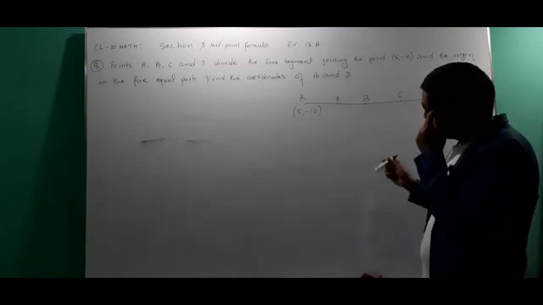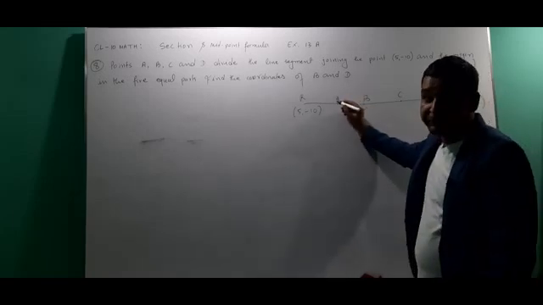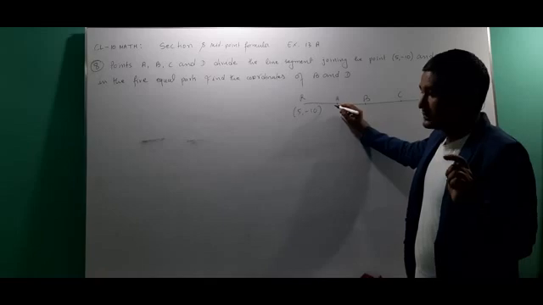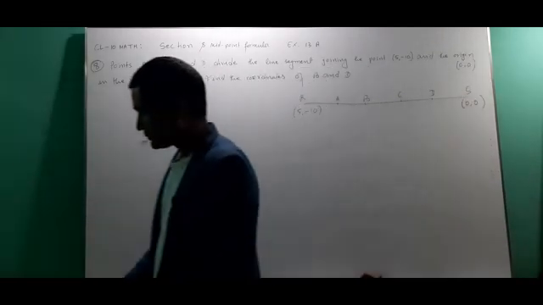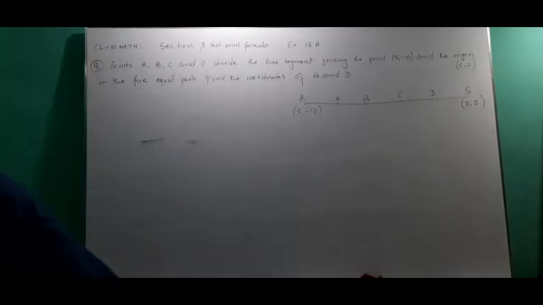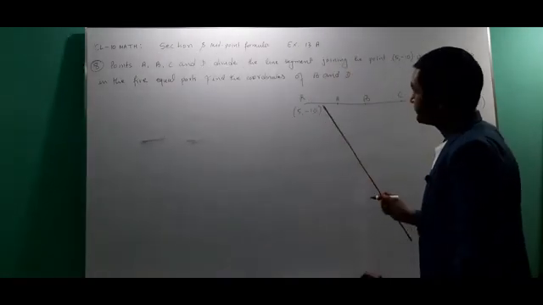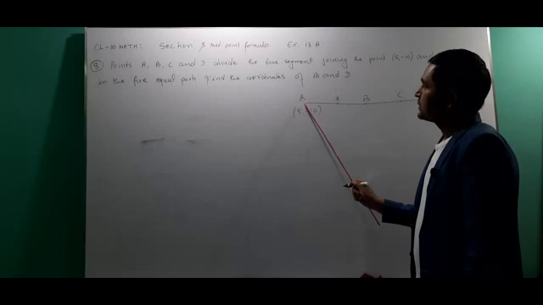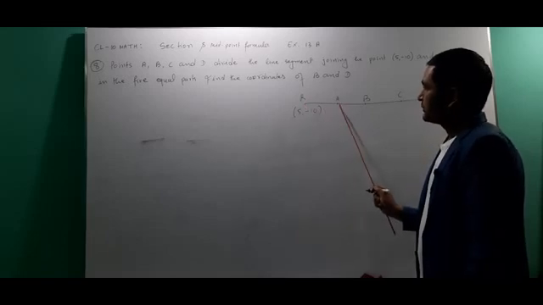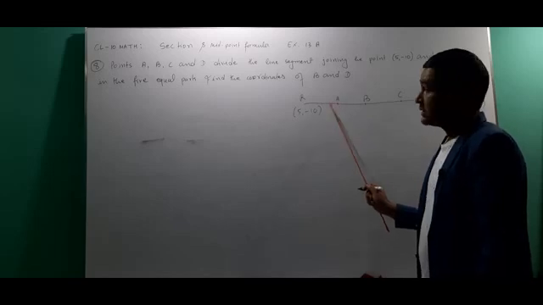To get the ratio of point A, look here, this is very important. From R, from this end, to A, how many pieces are there? 1 piece.